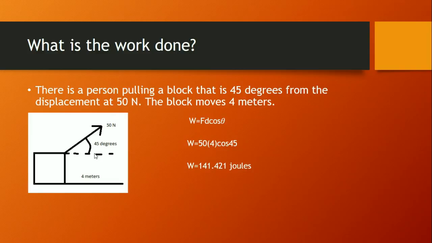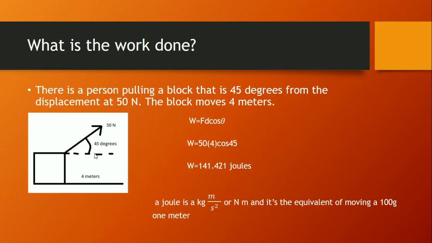And it's important to know work is always measured in joules. To give you an idea of what a joule means, a joule is measured in kilogram meters squared per second squared or newton meters, and it is the equivalent of moving a 100-gram object 1 meter.